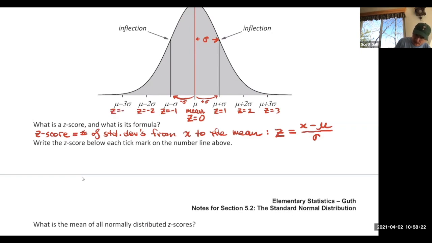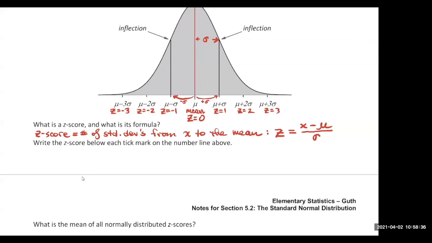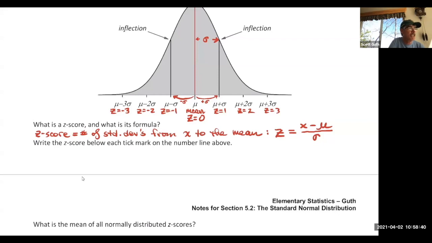And what you just did by doing this is you standardized the distribution. Instead of using values from your population, like women's heights or men's weights, we count how many standard deviations each height is from the mean. That's a z-score.